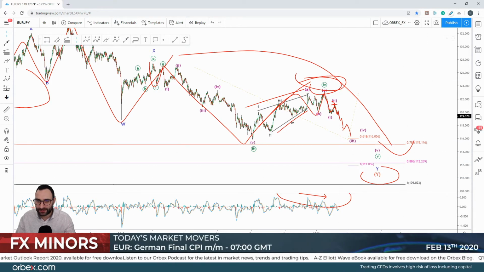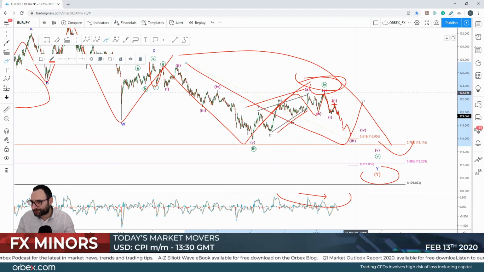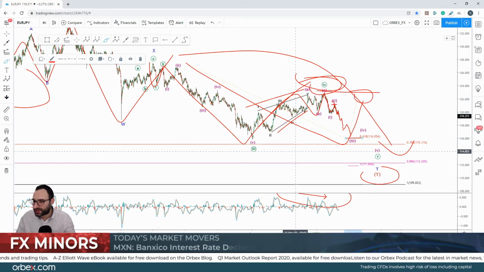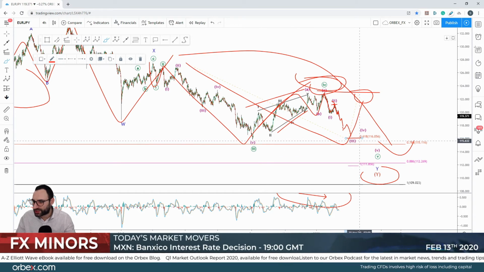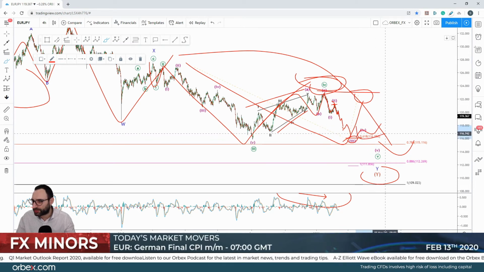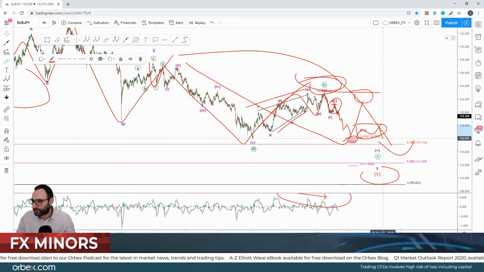So I'm expecting wave 3, by the way, if we draw this last move to the downside, right, up to this correction level, I'm expecting that to go to around the 61.8 Fibonacci, which is where I expect wave 3 to finish. And then we're going to have a correction that is probably going to be a little bit longer than wave 2 because wave 2 is sharp. And then we're going to get wave 5.